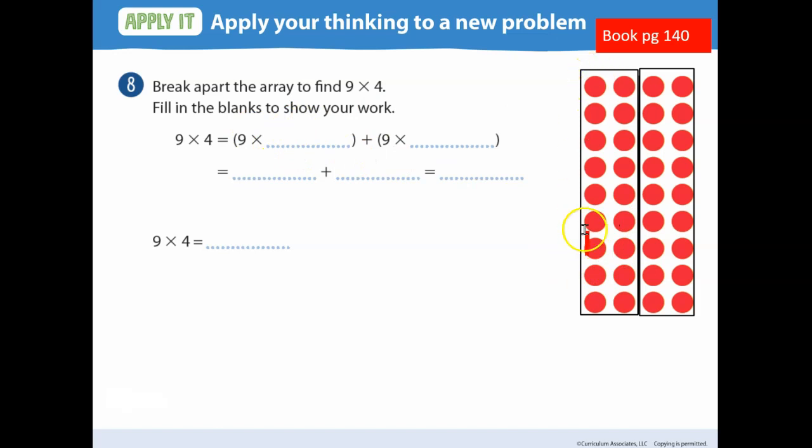It's 9 times, how many columns do I have? For the first one, 2, that's right. How many columns do I have for the second array that I created? 2. The whole thing I have 4, but look where I put the boxes around. So what's 9 times 2? 18. And it was also 9 times 2, 18. And then 18 plus 18 is 36. So 9 times 4 equals what? 36.